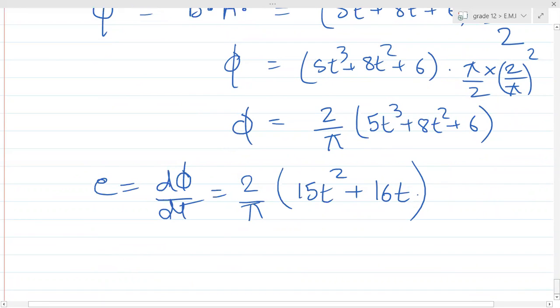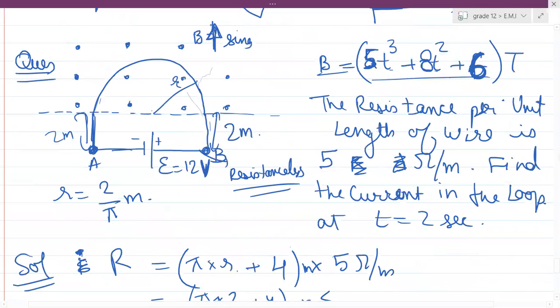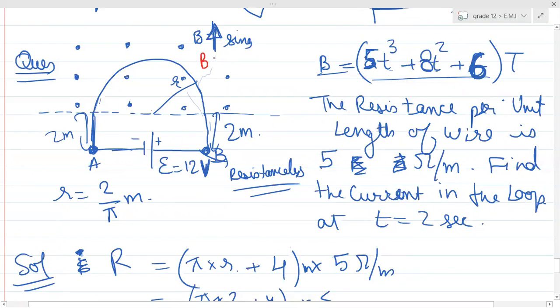Achha, can anyone tell me what is the direction of the induced current? Can you see this magnetic flux is basically increasing with time? Every term is basically positive, right? So this magnetic field is increasing with time. If this is increasing, then B induced should be acting into the plane to decrease this thing.